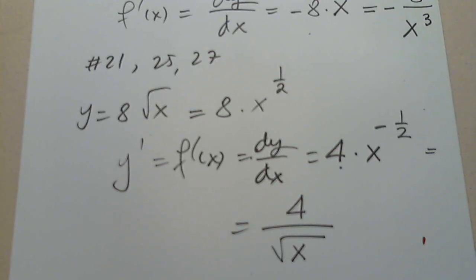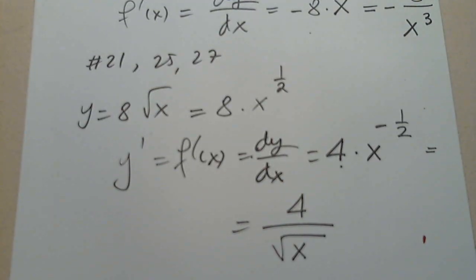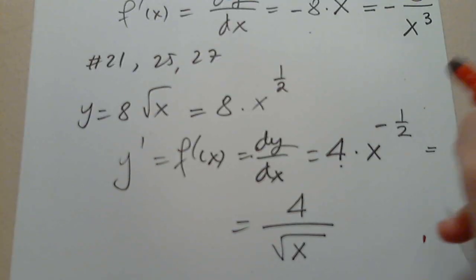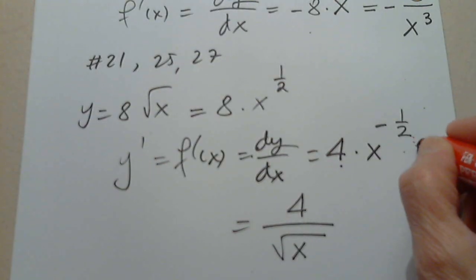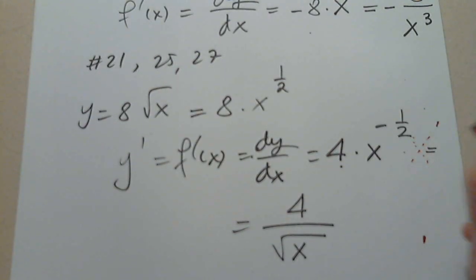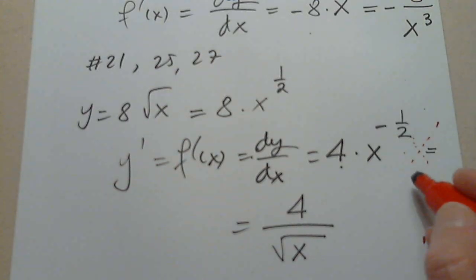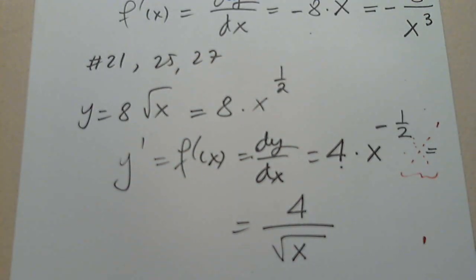Keep in mind, please don't forget, this is extremely important to remember. This is missing something. What is missing is times this x prime. The reason why I don't write it is because x prime is, can anyone say that?